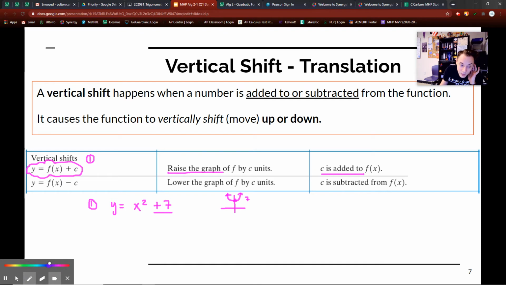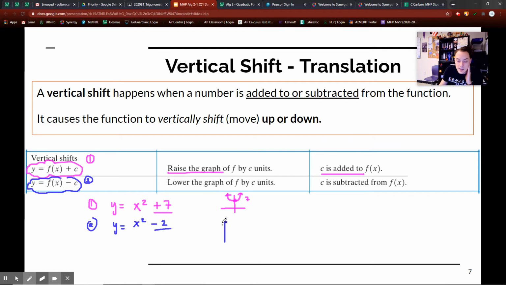Now here, if I wanted to do this one, subtract, what that one says, guys, for number 2, it's similar to saying y equals x squared minus 2. So what if I had something like that? Well, that means I would just take this graph and move it 2 down. It would go something like this. So that would be negative 2.